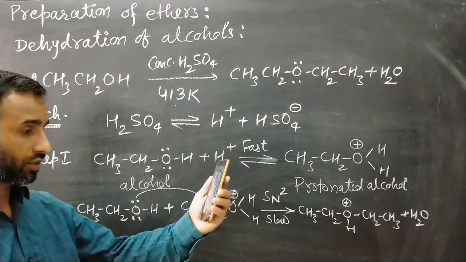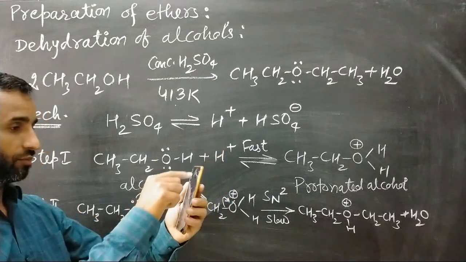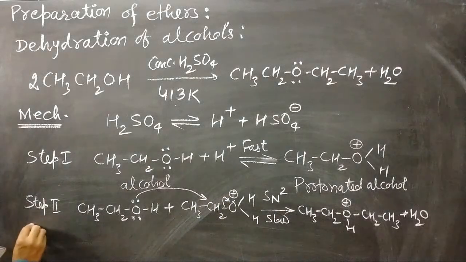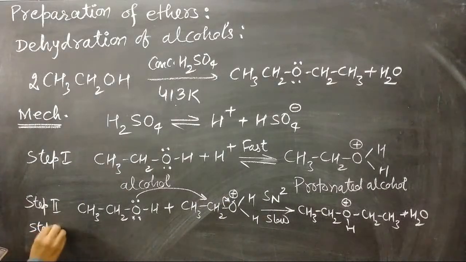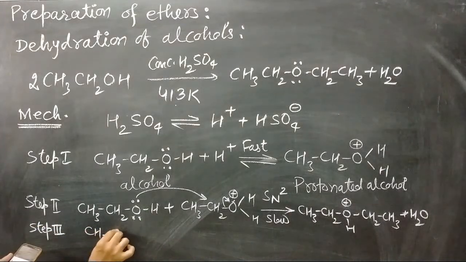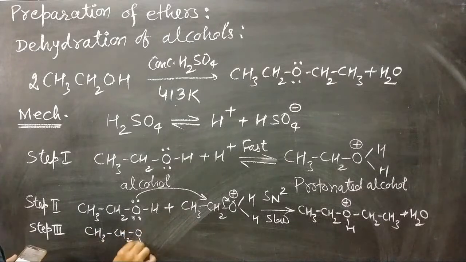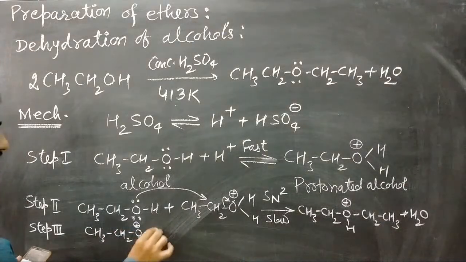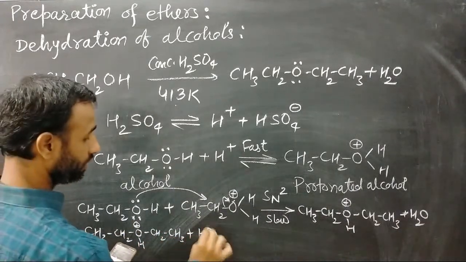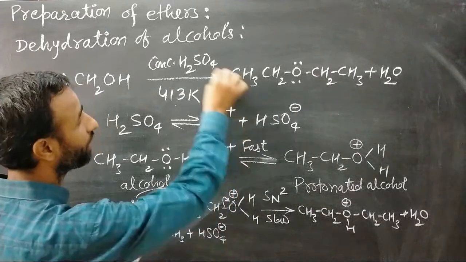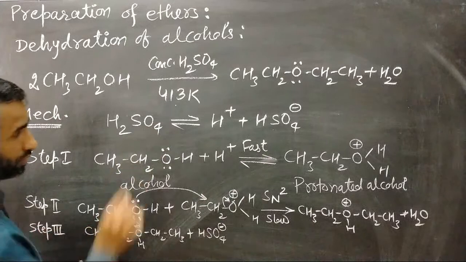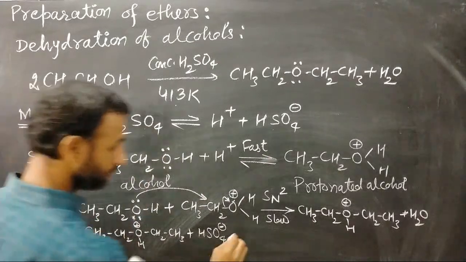Can I write the third step here? Yes, I will try to write here. Step 3. Now in step 3, this protonated ether is deprotonated by the HSO4 negative ion formed in the ionization of H2SO4.